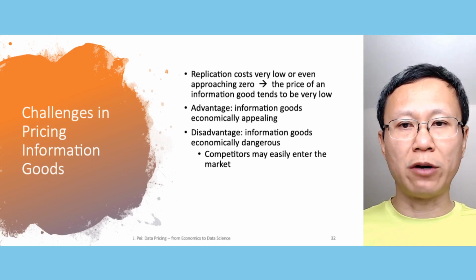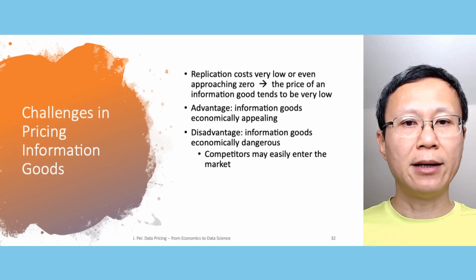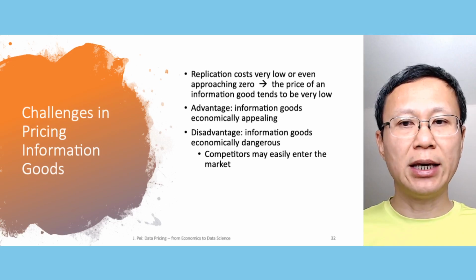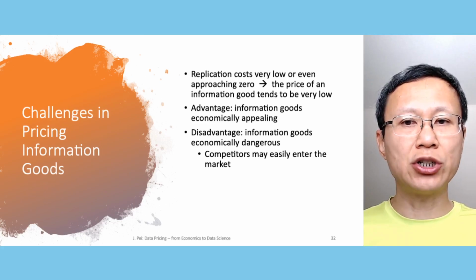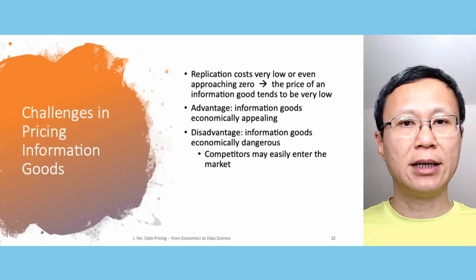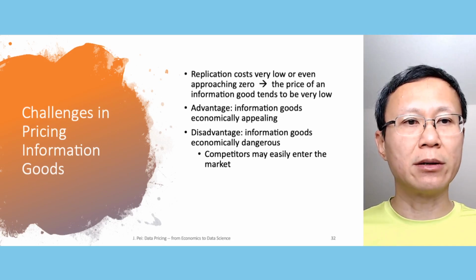The potential of very low prices of information goods, on the one hand, makes information goods economically appealing, and on the other hand, may also make information goods economically dangerous, as the competitors may easily enter the market. This dilemma keeps many traditional pricing strategies far away from being effective.